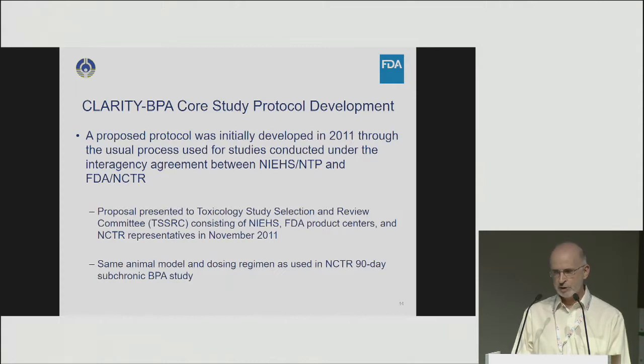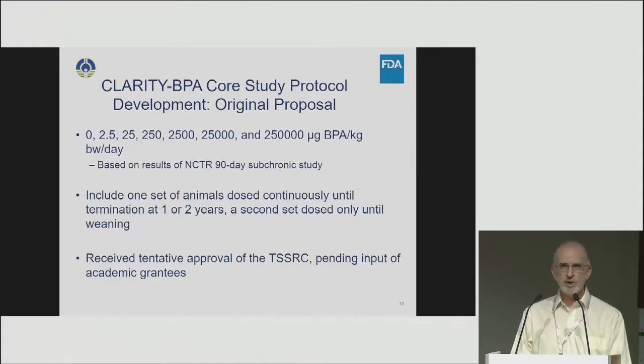And we proposed to use the same animal model and dosing regimen, again, as used in the NCTR 90-day study. We had originally proposed to go up in tenfold dose steps from 2.5 to 250,000 micrograms per kilogram BPA.